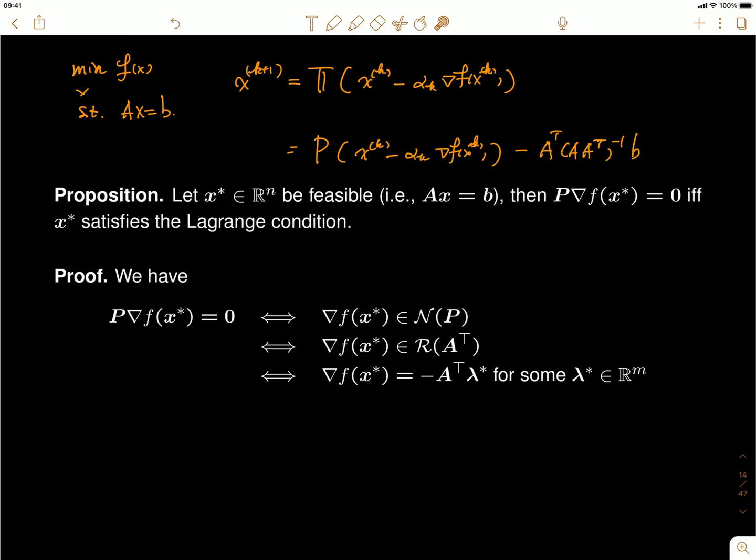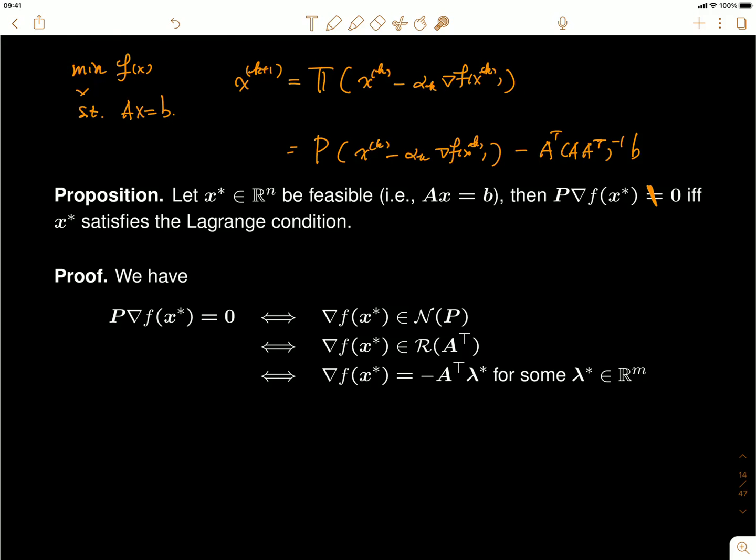There's a typo here. So a proposition that we can derive is that suppose we do this projected gradient method, then we want to reach a point that is a minimizer of this problem.